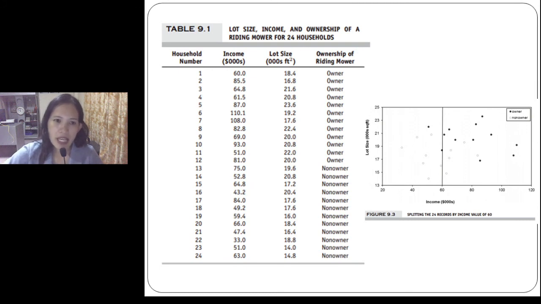This data is shown in table 9.1. If we apply the classification tree procedure to this data, the procedure will choose income for the first split with a splitting value of 60.